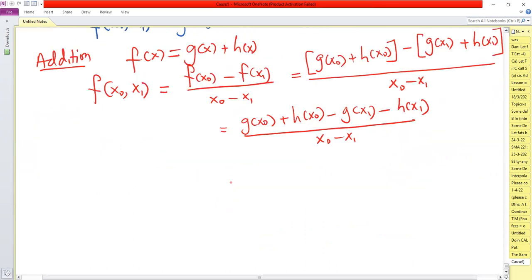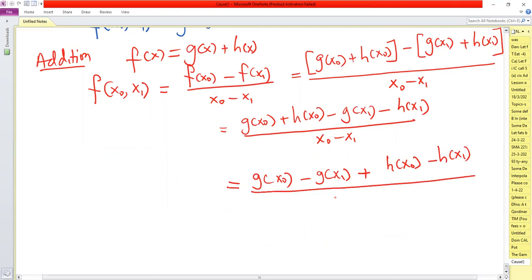Now putting like functions together, we have g of x0 minus g of x1 plus h of x0 minus h of x1, and then we divide this by x0 minus x1. Once I have this, there's no mistake in putting brackets here and putting brackets at this point.